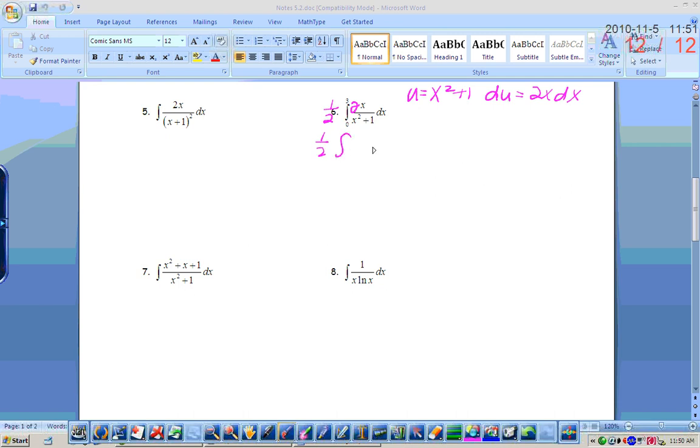So 1/2 integral 1 over u du. Now, it's a definite integral. So since I've switched to u's, I need to switch those limits of integration. So this bottom limit of integration started as a 0. When x is 0, what's u? 1. And when x is 3, what's u? 10.